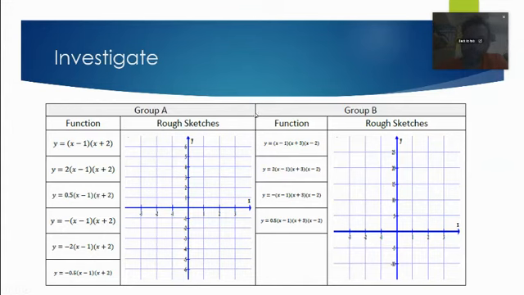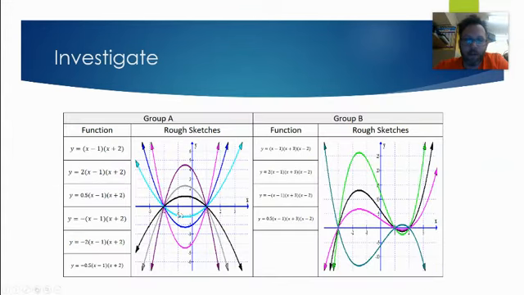So hopefully you took the time and had a look. What we see from Group A is something that should be consistent with your grade 11 course. What you sketched in Group A is actually a family of quadratic functions that all have the same x-intercepts, or zeros.